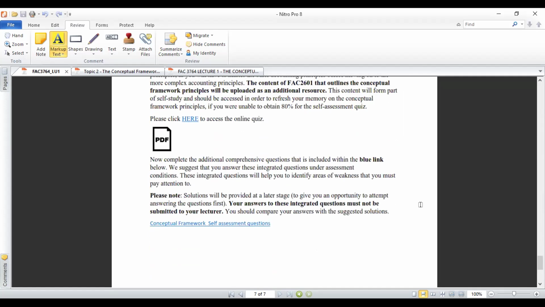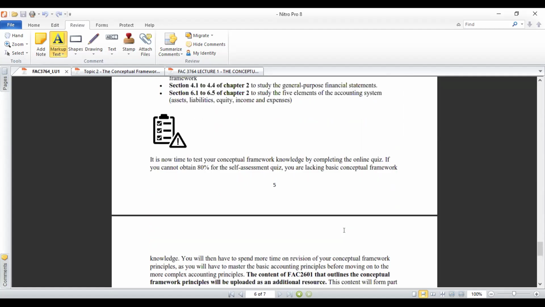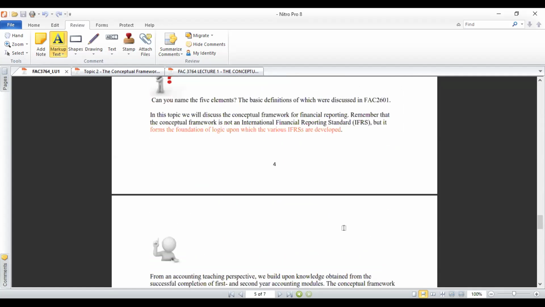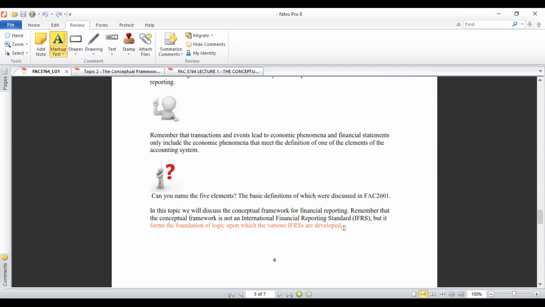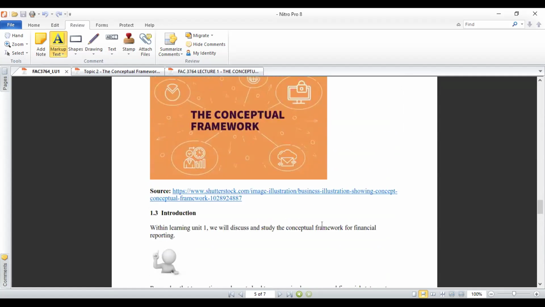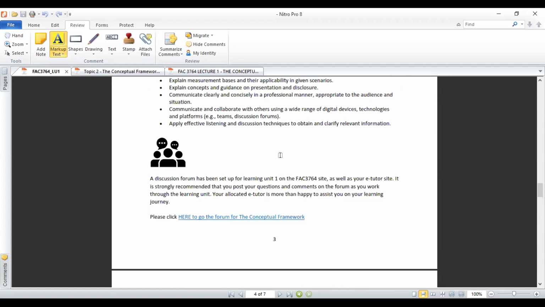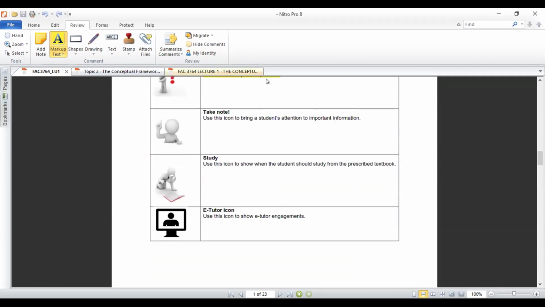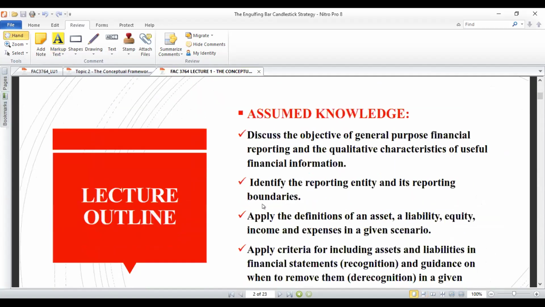Most of those questions you would find on myUNISA, and I do have some questions in there that we can also use, just to ensure that your understanding of these principles is sealed.